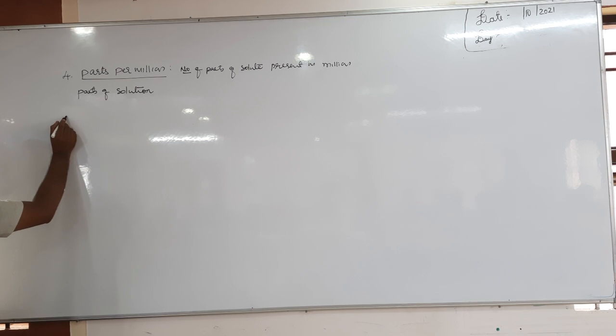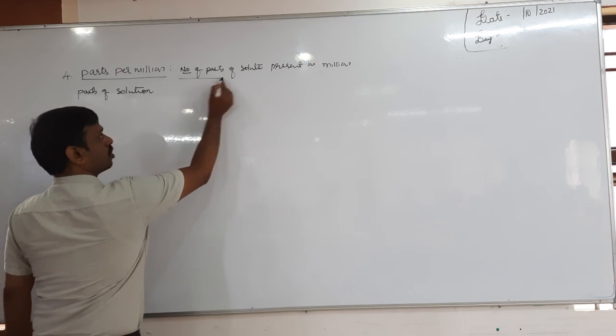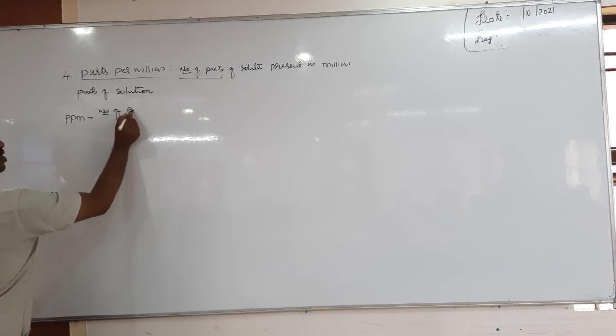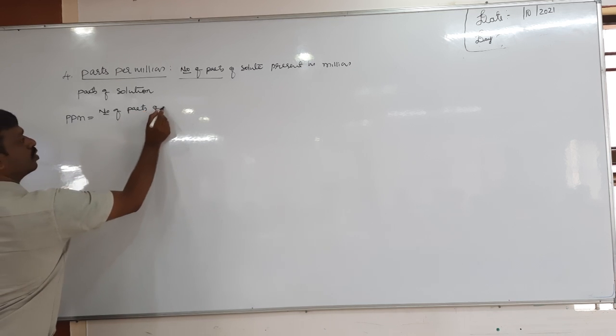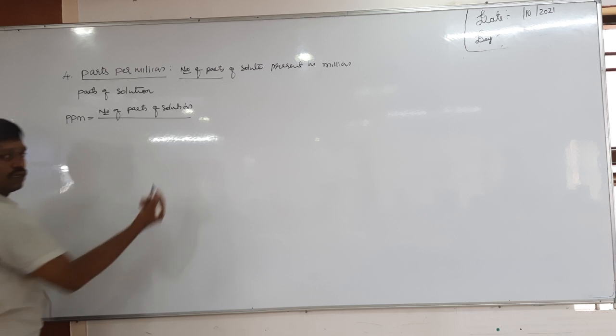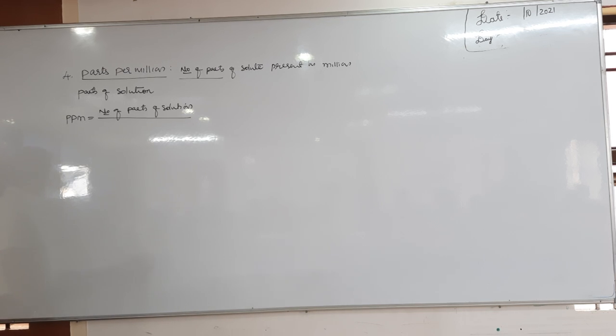So therefore ppm equal to, what is the formula? It is the number of parts of solute divided by total parts of the solution.